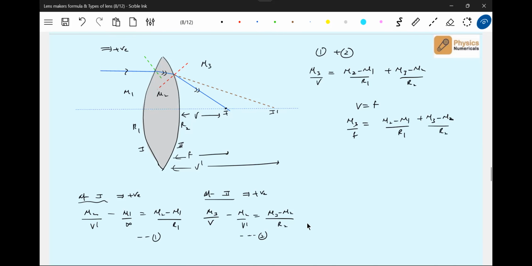It all depends upon the mu2, mu1 values. What can be this lens, converging or diverging? So if the medium on either side of the lens is different, you cannot use the lens maker formula.